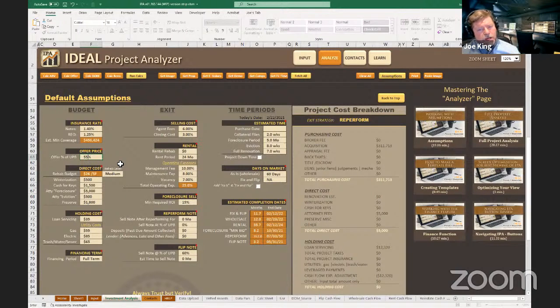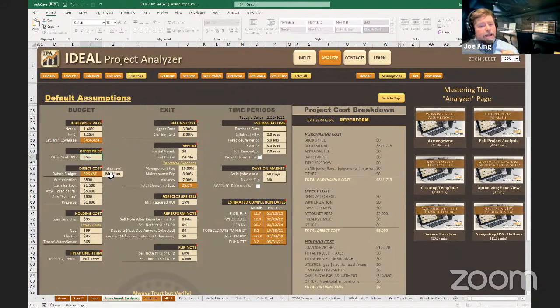So there's a lot of questions to be answered as you sort of get into the investment itself, but what this will do is it will allow you to dial in that number. We also have direct costs, which include a lot of ancillaries like winterization, cash for keys, foreclosures, attorney evictions, and even preservation for the preservation of the asset.